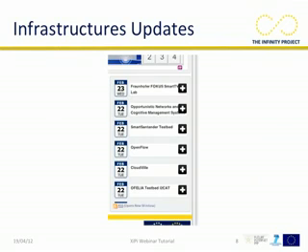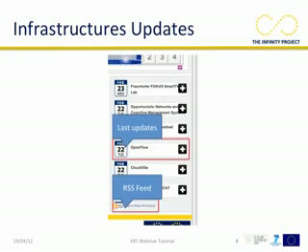As I already told you, you also have information on the updates that have been made on the infrastructure or on the new registrations. The plus that you see here means that this is a new infrastructure registered, while the circular arrow means that the infrastructure was updated.